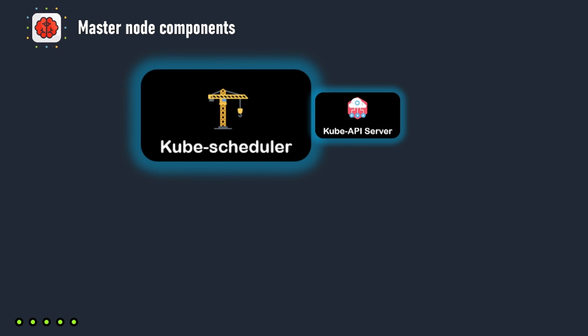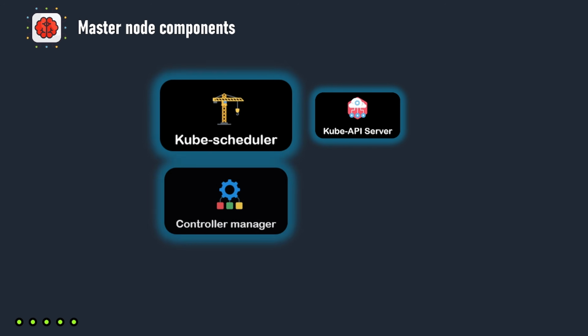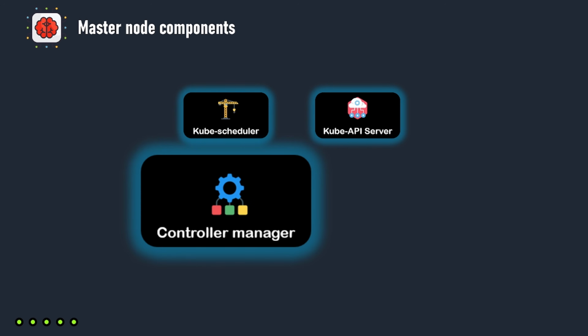We have also the controller manager that runs a set of controller processes. What you have to know about a controller in Kubernetes is that the role of a controller is to watch the state of something in the Kubernetes cluster, and it makes requests or changes where needed to move the current state closer to the desired state.